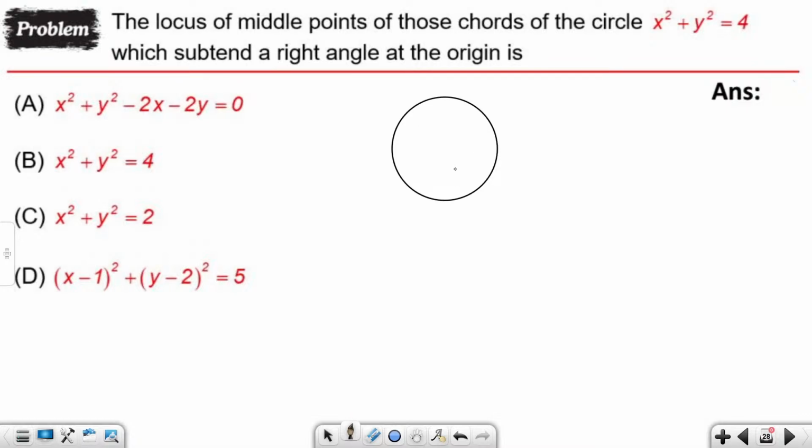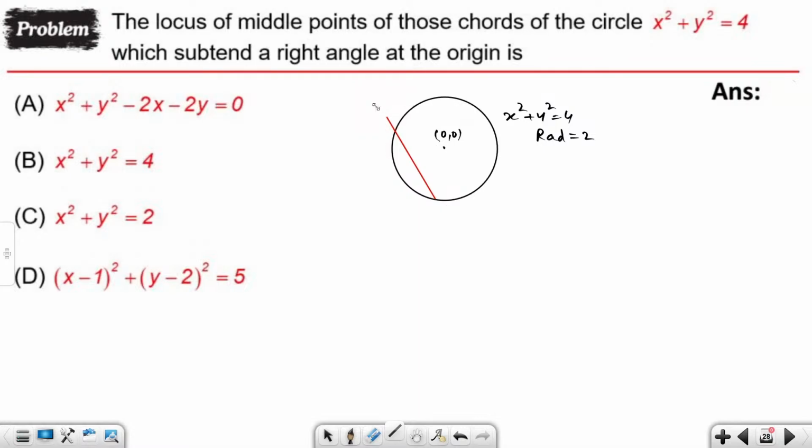So this is the circle, and the equation of this circle is x square plus y square equals 4. It means its center is at the origin and the radius is 2 units. Now you have to find the locus of the middle point of those chords. Let us say this is that chord.